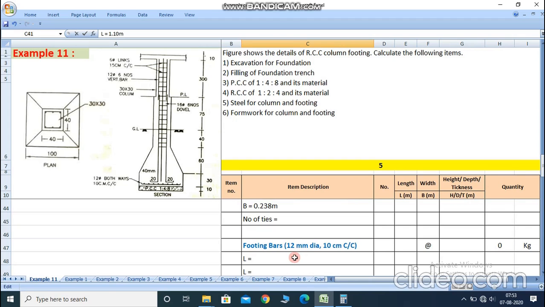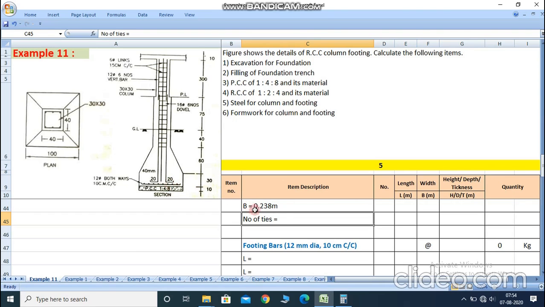Now we find out the total number of ties required. So for the total number of ties, we start from the top to bottom, up to the sloping portion, and up to this portion, the bottom of the foundation and above the PCC work.